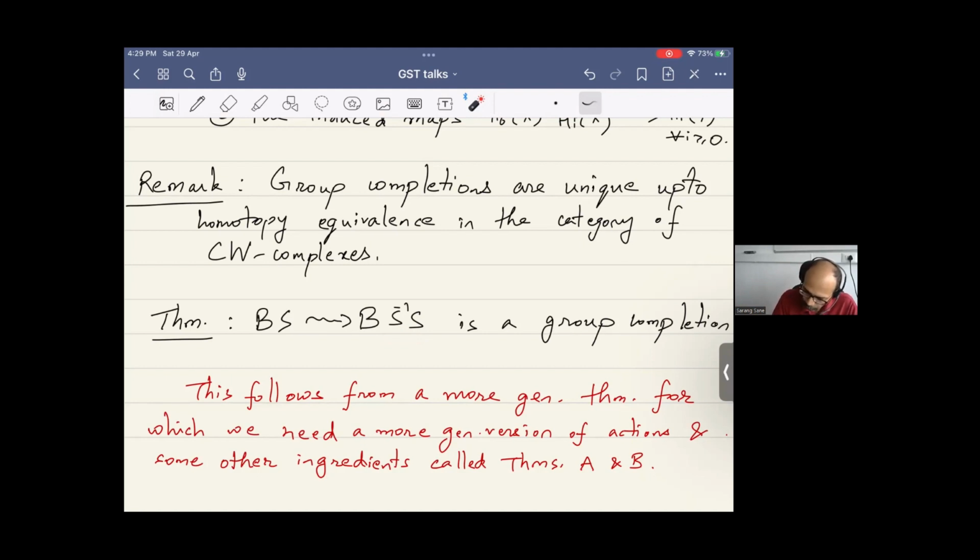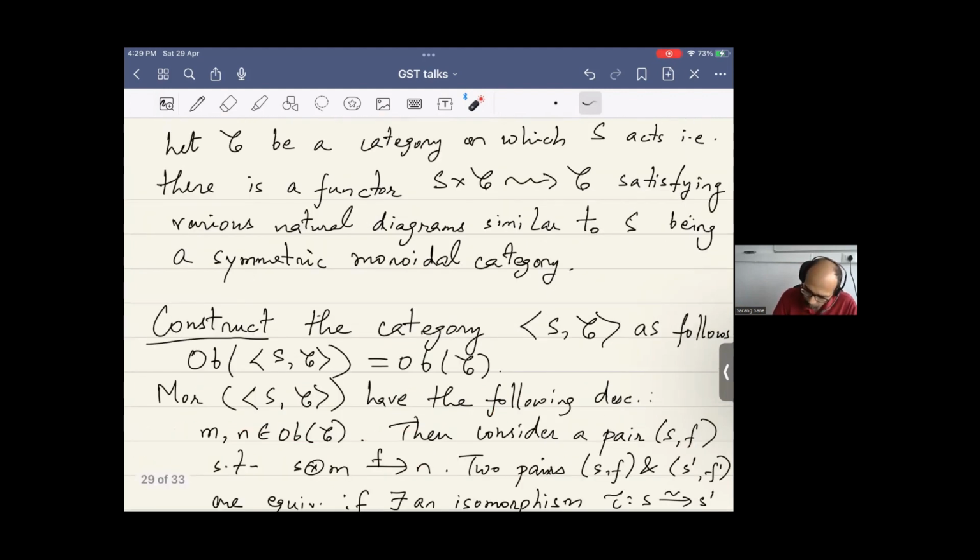Okay, so the proof is involved. So I will of course not give the entire proof, but I'll at least give an idea of what is involved in this construction of S inverse C.